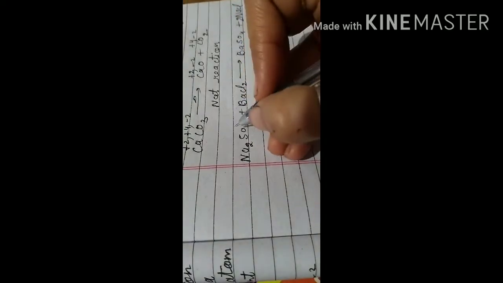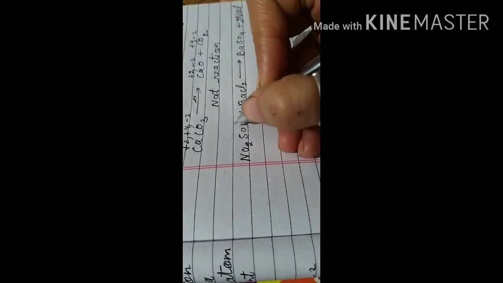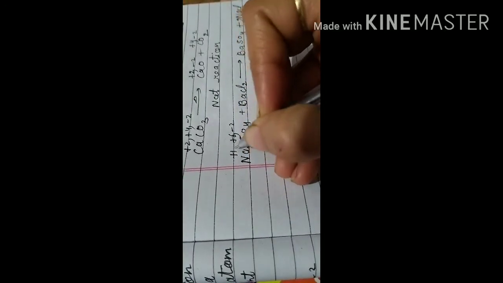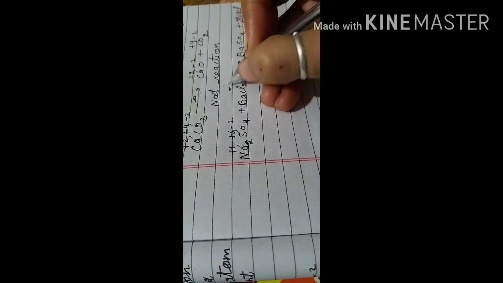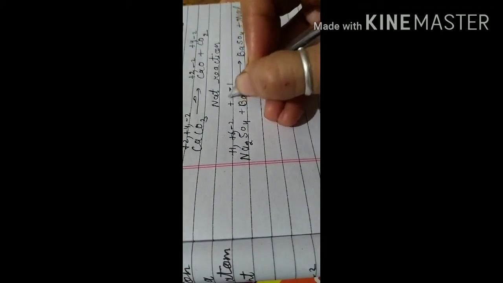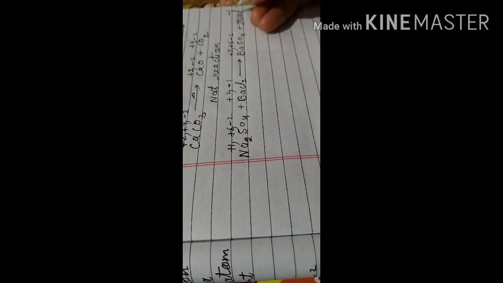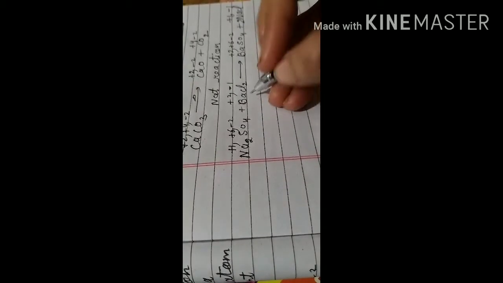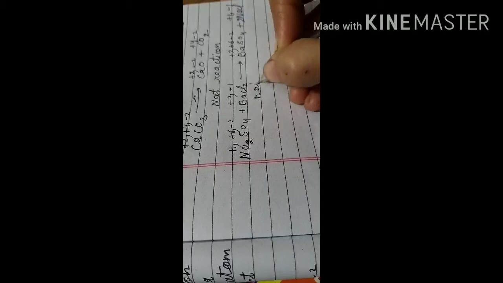If you write the oxidation numbers, oxygen will be -2, sulfur will be +6 and sodium will be +1. And here chlorine will be -1, barium will be +2. On the product side, -2, +6, barium +2, chlorine -1 and sodium +1. You see there is no change in the oxidation state of any single element. So this is also not a redox reaction.